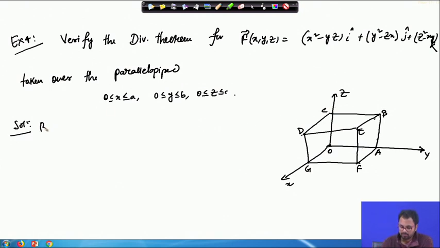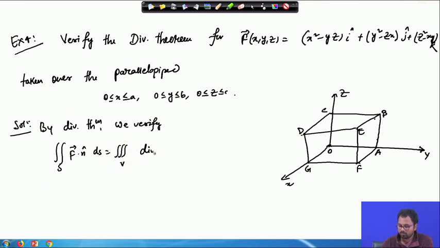So, now we have to verify. By divergence theorem, we verify that the surface integral of F dot n dS is equal to the volume integral of divergence of F dV, right. So, let me calculate the right hand side.